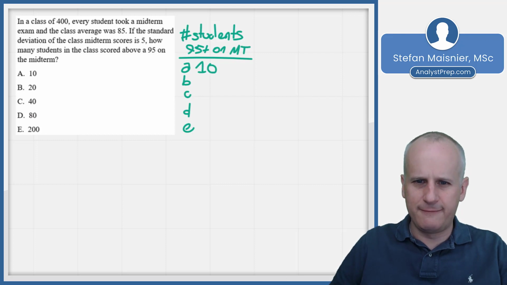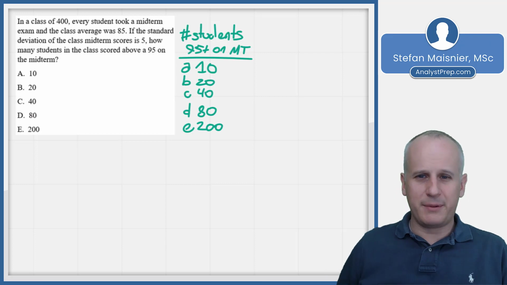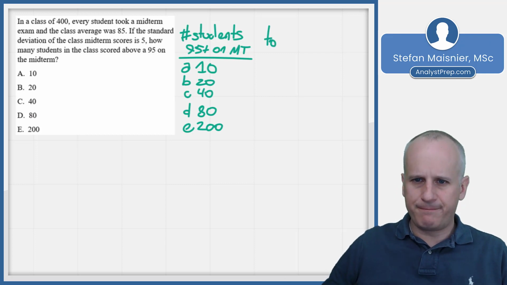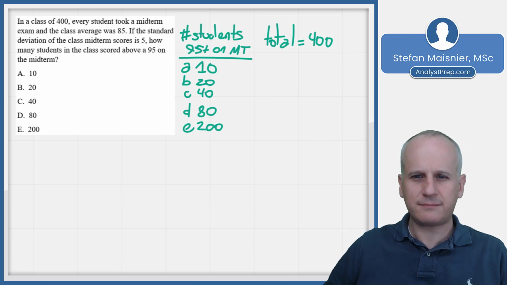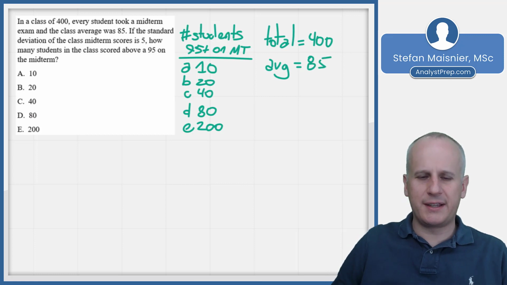We got 10, 20, 40, 80, and 200. So we start at the beginning. We know that the total is equal to 400. And we know the average is equal to 85.